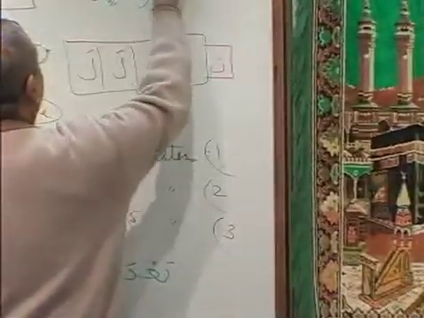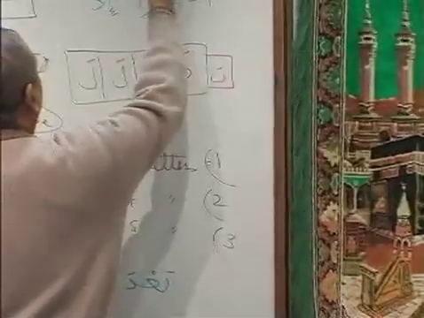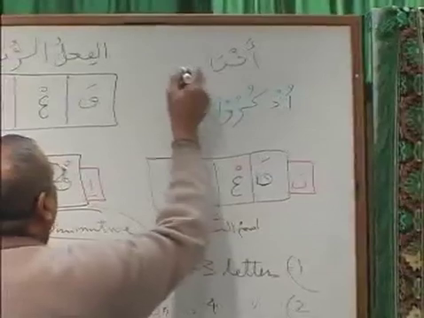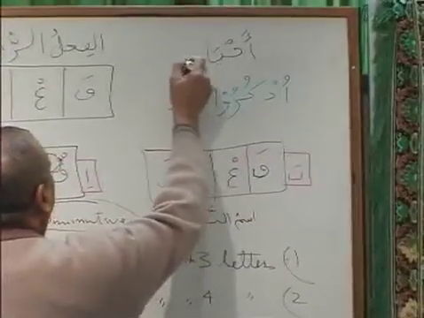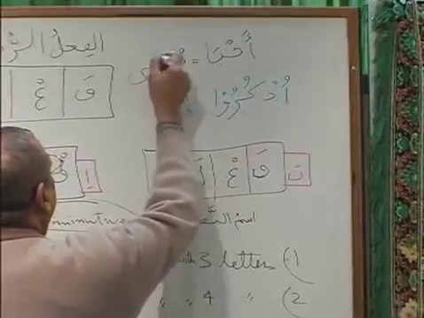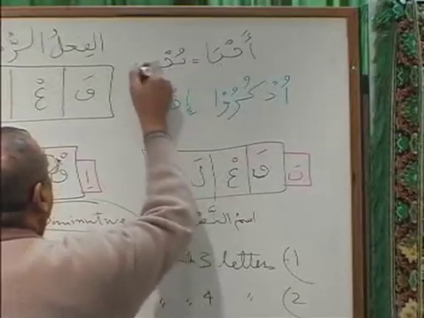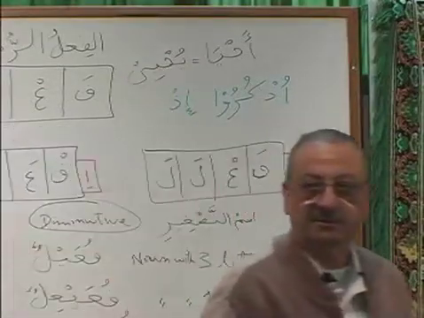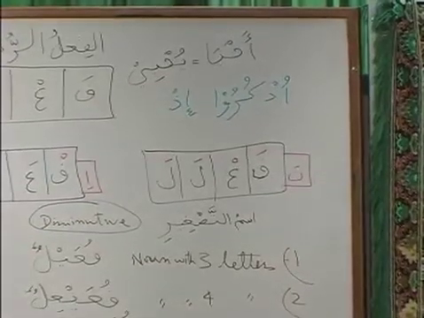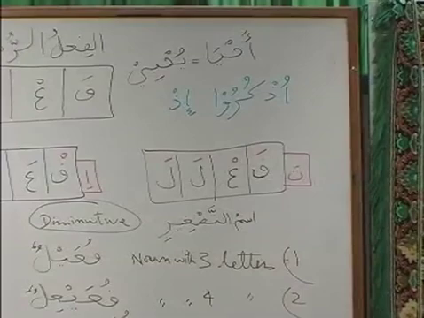How do you write ahya, brothers and sisters? In the dictionary, it is written like this. It should not confuse you. Got the idea, brothers and sisters? That's the way it is written. Ahya yuhyi.